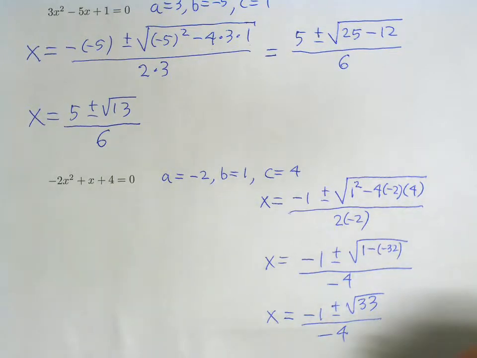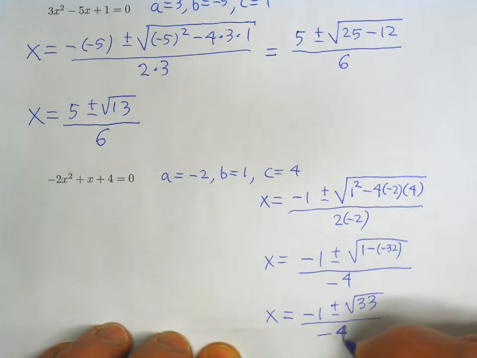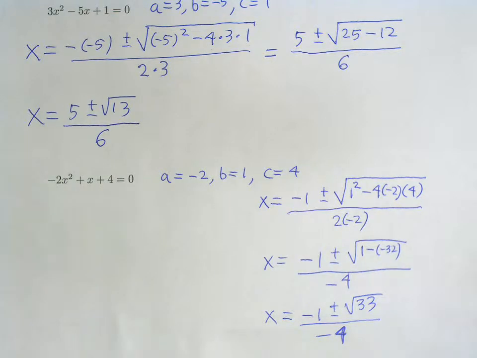Okay, on a written quiz or test, this is an okay answer as far as I'm concerned. But if you have a solution like this in the Newton software, it doesn't allow you to have a negative in the denominator.